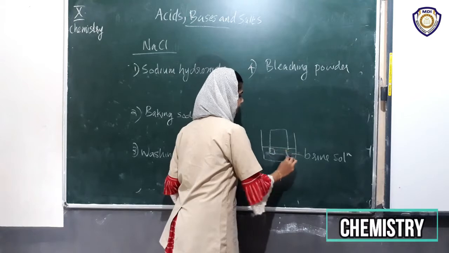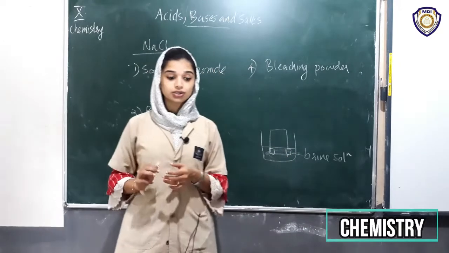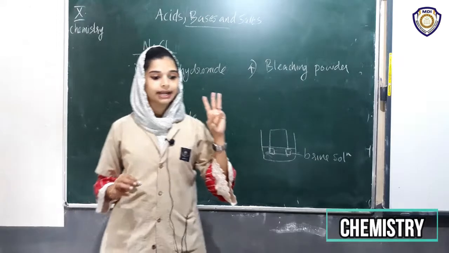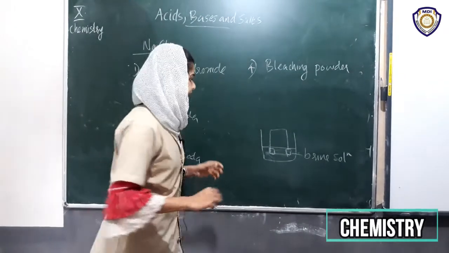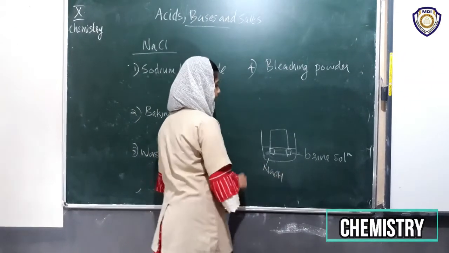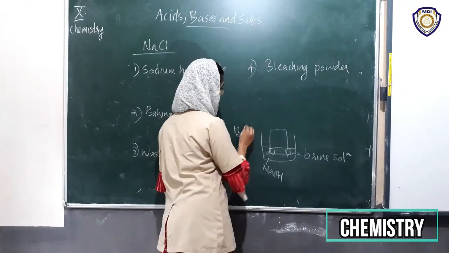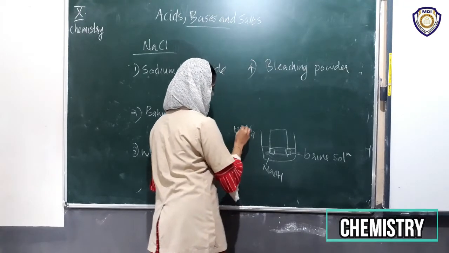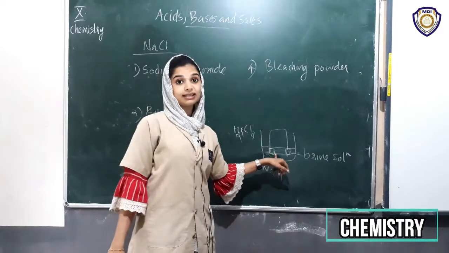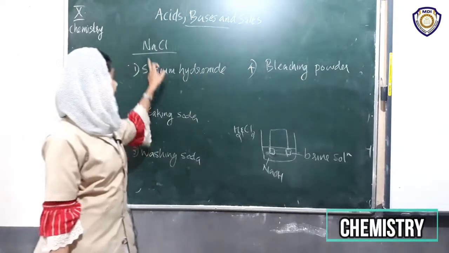When electric current is passed through this brine solution, we get 3 items. Which are they? We get NaOH, H2 and Cl2.